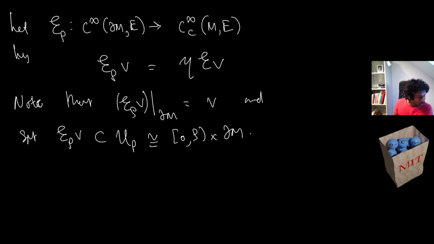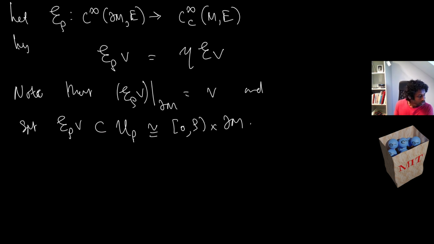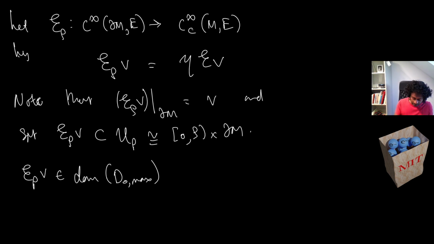So now what? So now we have that E rho of V clearly is in DOM D naught max. Okay, no brainer there. So I shouldn't have written D max here before.